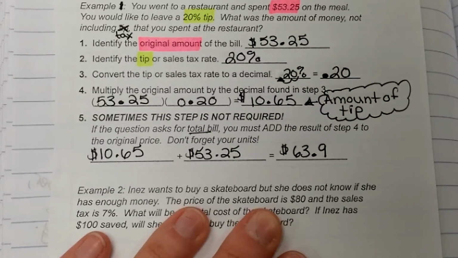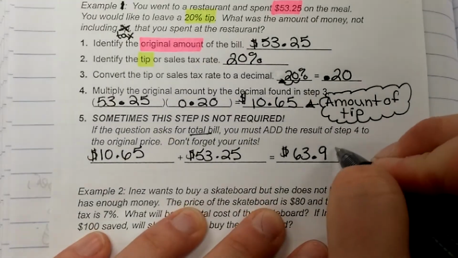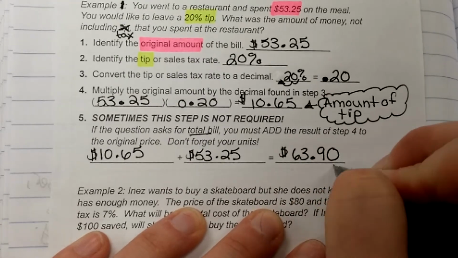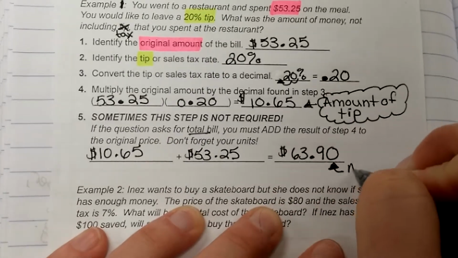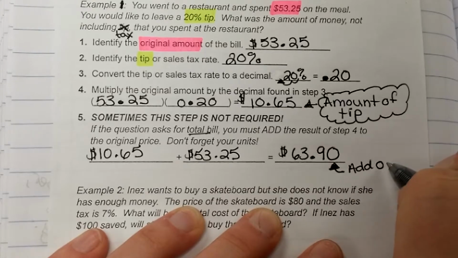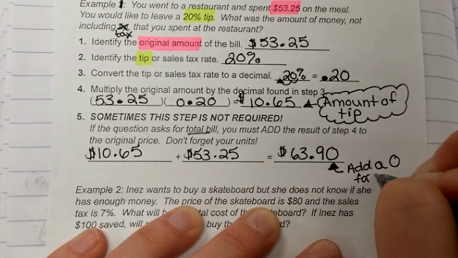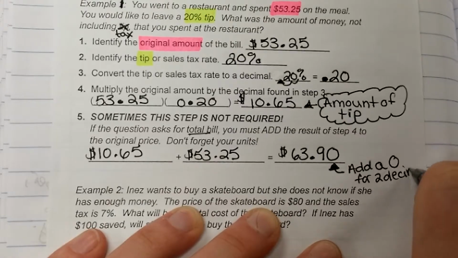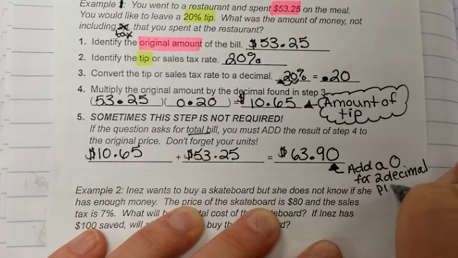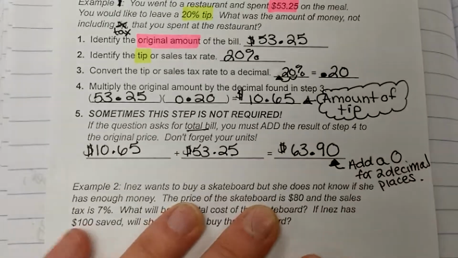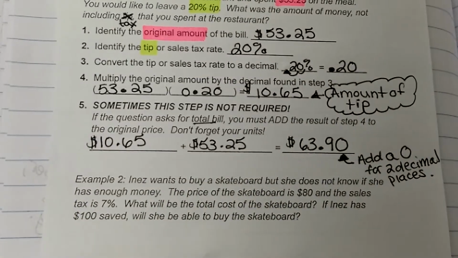Money always has 2 decimals, so we need to make sure we make this $63.90. So we have to add a 0 here. Okay, we add the 0 for 2 decimal places since it's money.